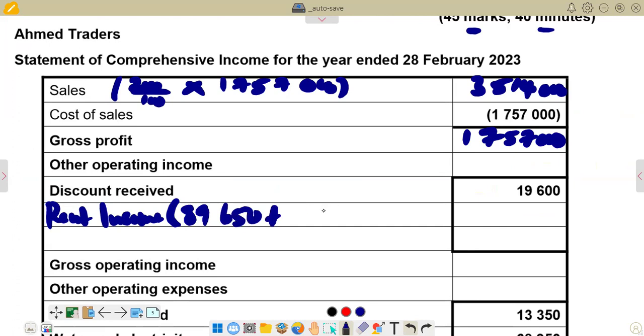Then we add the 11,825 of the accrual, and we get back to the total that was supposed to be received, which is 101,475. So this is what we have in terms of our rent income. We can go back to the next calculation.